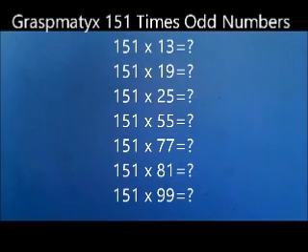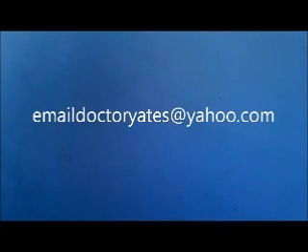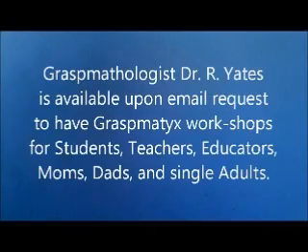So I'll say this to you: in the next episode, I will show you how to do 151 times odd numbers. As for now, you work with the even, and then I'll show you how to do the odd. So look for it on YouTube. If you do not see it on YouTube, you can write to me, and I'll be more than happy to share that information with you and others who would like to learn.